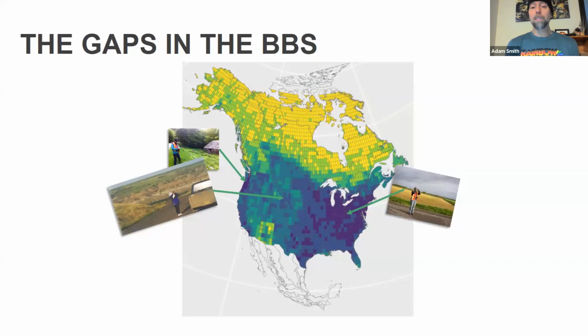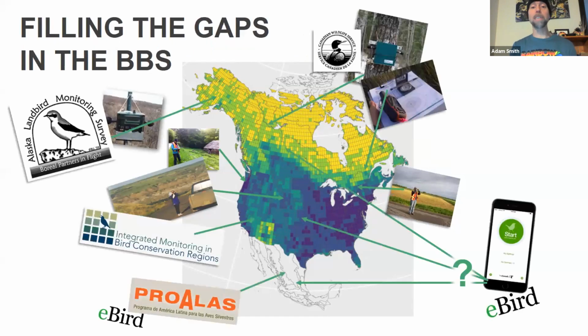The BBS, a roadside survey, does a brilliant job of sampling the landscape. Of course, in other parts of the landscape, there are gaps. There are gaps in the roadside or off-road alpine areas, for example, in the west, and there are the obvious gaps in the north and in the south. And in the north, of course, there simply aren't roads.